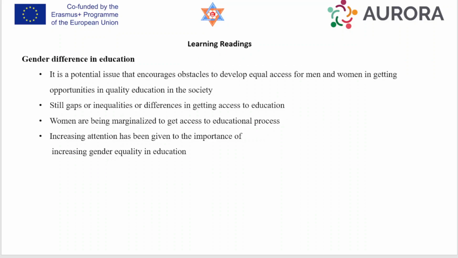Now, some learning readings. How the learner learns. The topics under the following discussions. The issue of gender differences in education poses potential obstacles to achieving equal access for both men and women to quality educational opportunities within society.